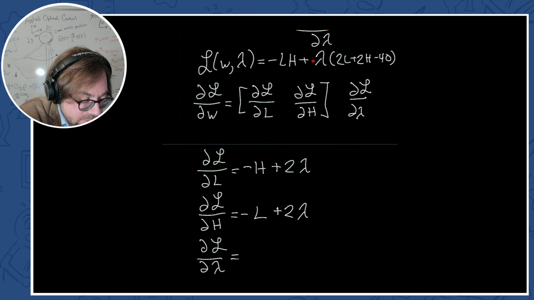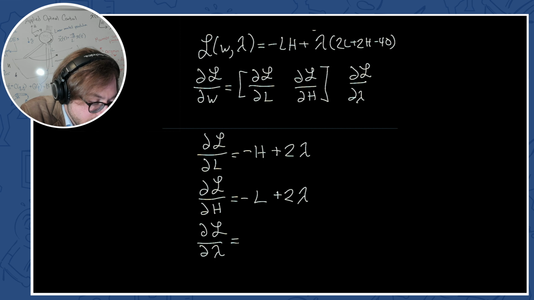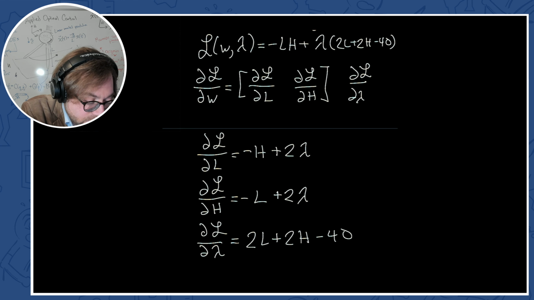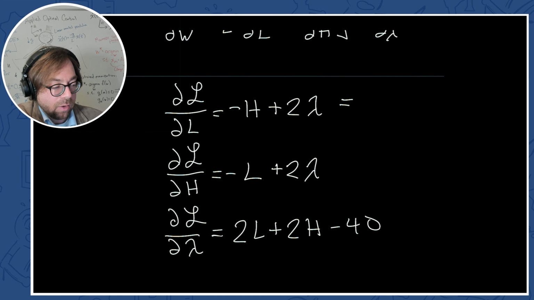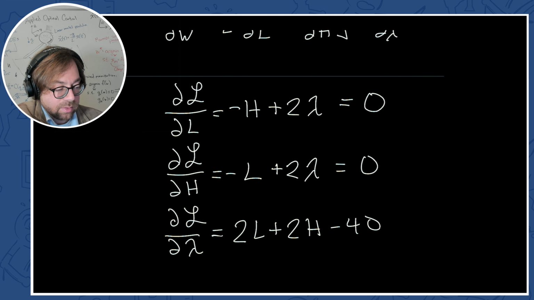Right next to lambda is this. That's a whole constant, right? That'll go away. So it's just going to leave 2L plus 2H minus 40. And for the first order necessary conditions, all these things we want to equal 0, right?